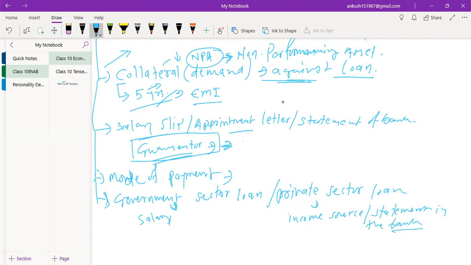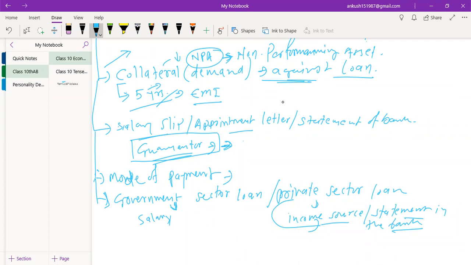The private sector may provide you the loan amount at once, if they do not interfere in your other matters. They would just see your income source, your statement in the bank, and some legal documents.